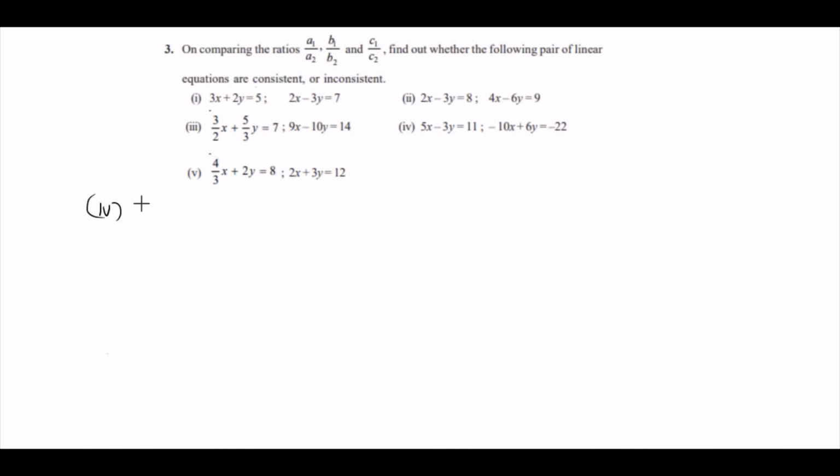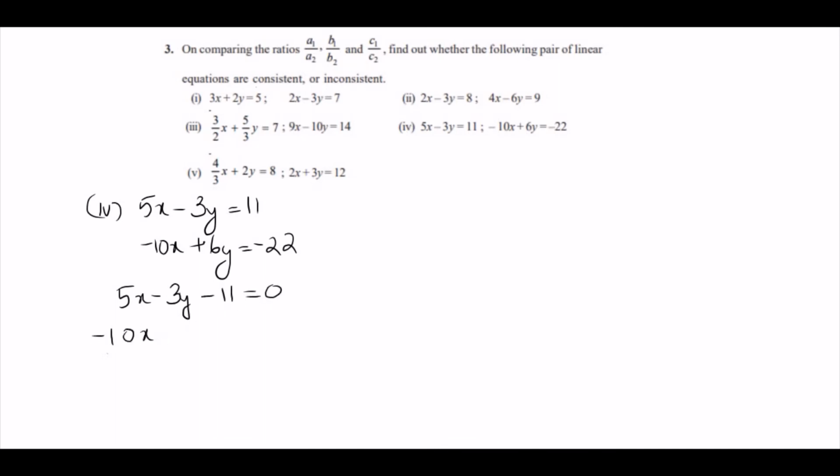Fourth question is 5x minus 3y is equal to 11 and minus 10x plus 6y is equal to minus 22. So write it in the standard form, that is 5x minus 3y minus 11 is equal to 0 and minus 10x plus 6y plus 22 is equal to 0.